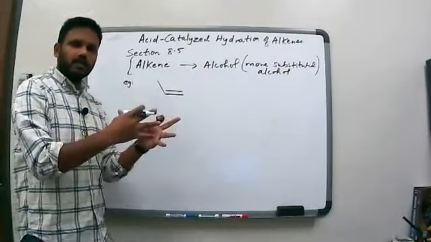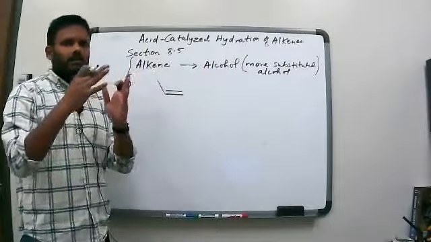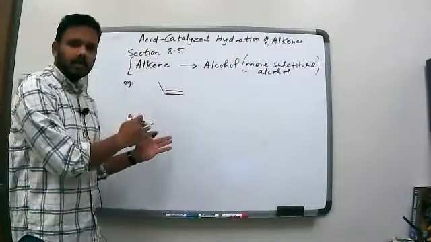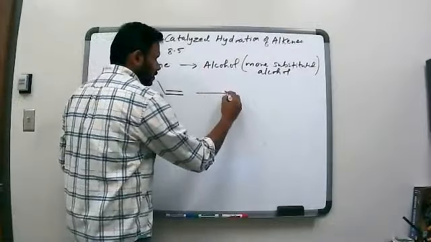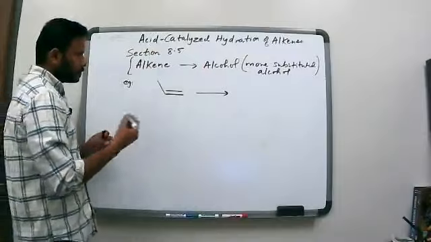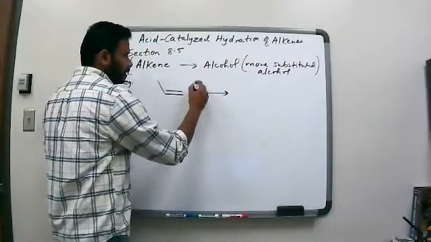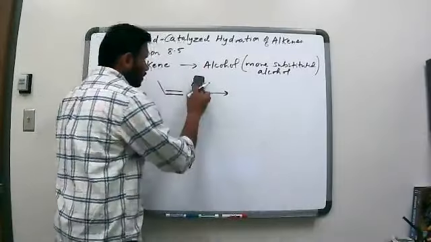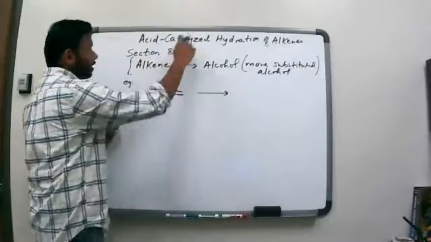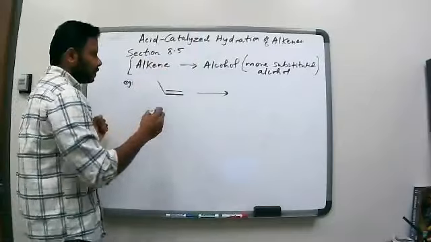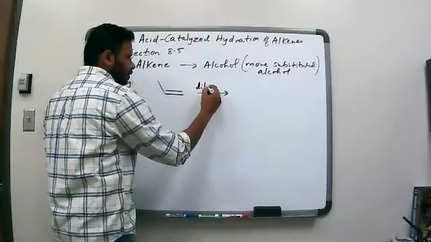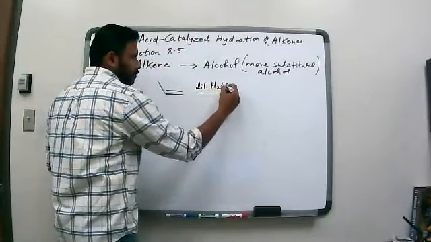Dehydration converts alcohols into alkenes. Hydration converts alkenes into alcohols. This reaction is usually done using catalytic amounts of acid, so you only need a tiny bit of acid, and we use dilute acid.